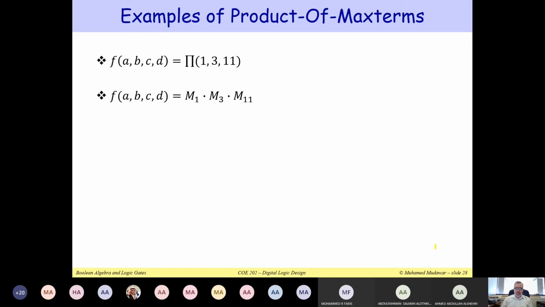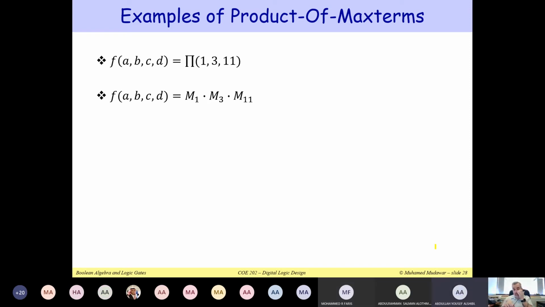Now we can write it algebraically. So what's max term 1? A or B or C or D prime. Exactly. But you have to write it between parentheses, because we are going to AND it with max term 3 and max term 11. So what's max term 3?